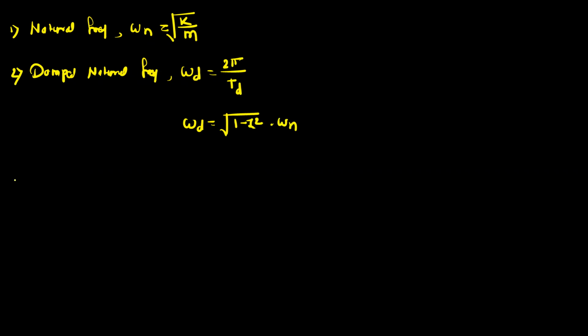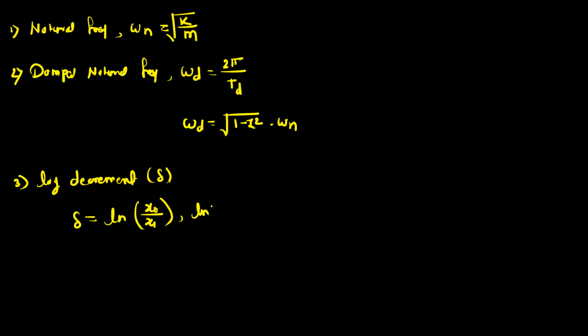Then next is the logarithmic decrement, delta, which is equal to ln x0 upon x1 or ln x1 upon x2.